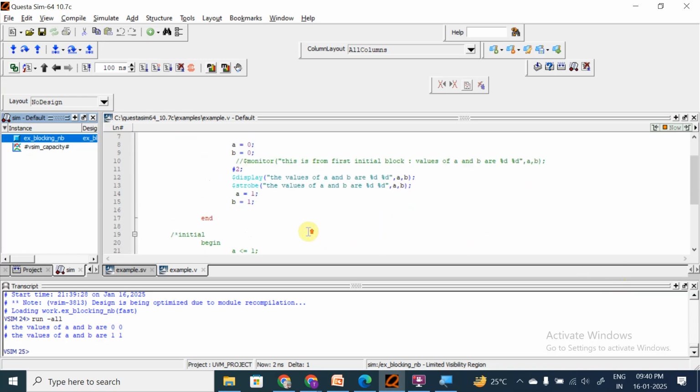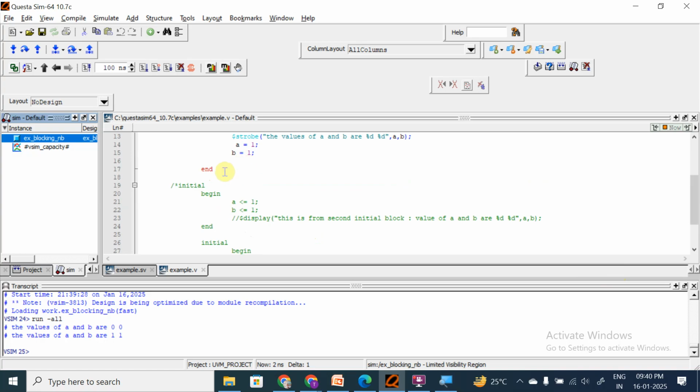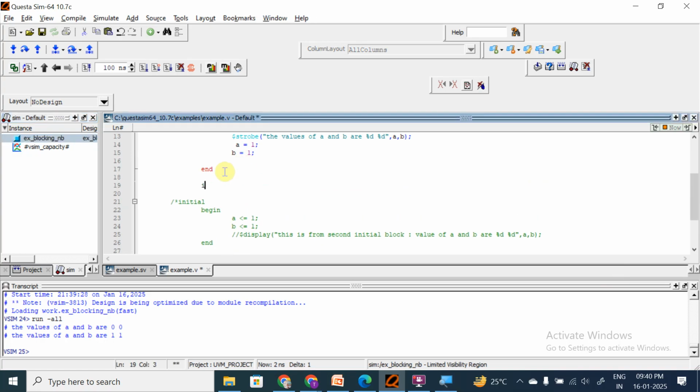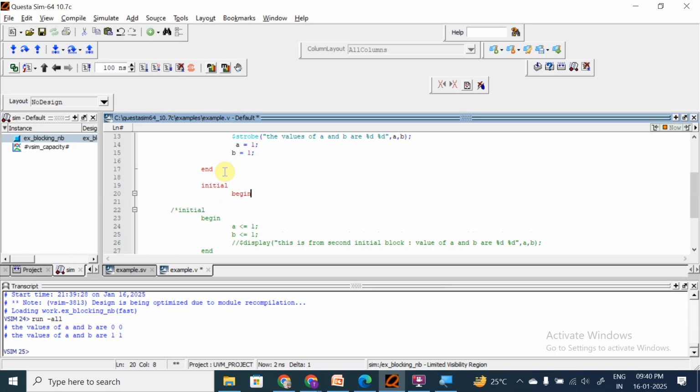Now, within another initial begin block, $monitor.